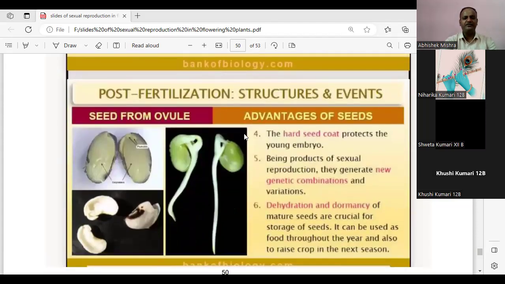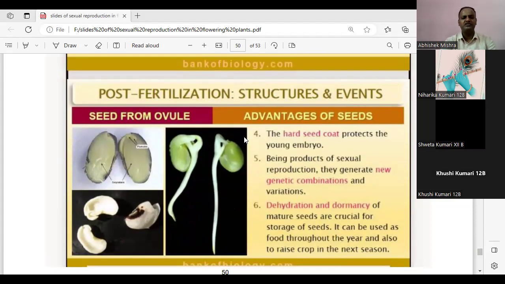The hard seed coat protects the young embryo. Being the product of sexual reproduction, the most important advantage of seeds is that they generate new genetic combinations and variations.